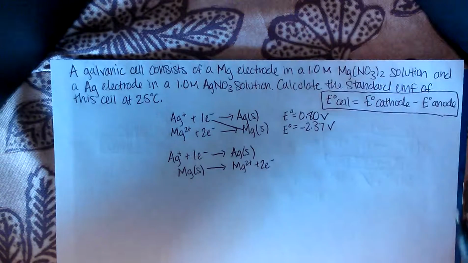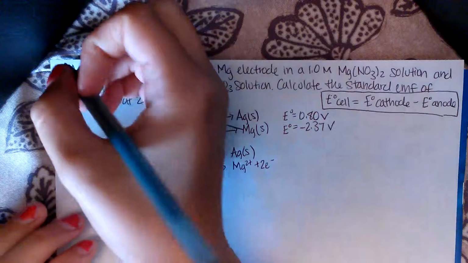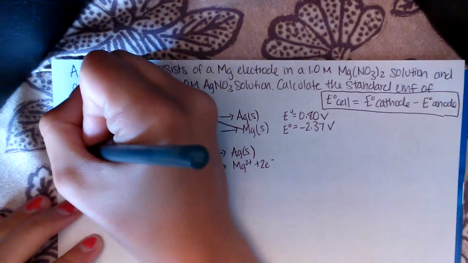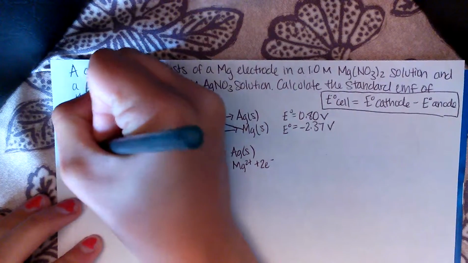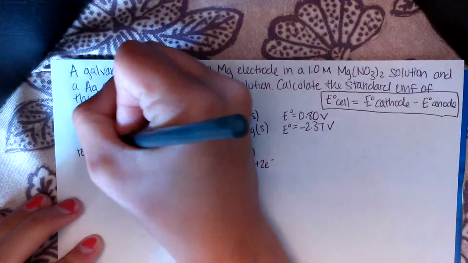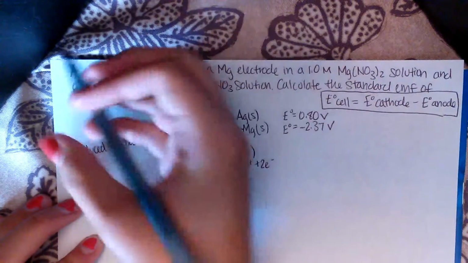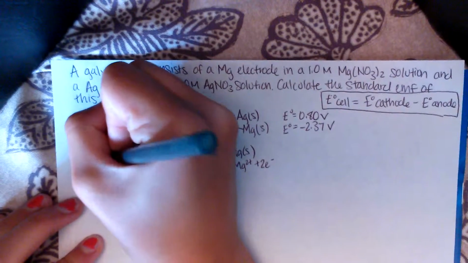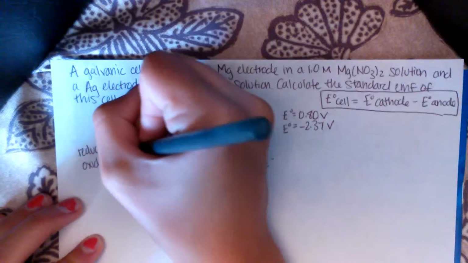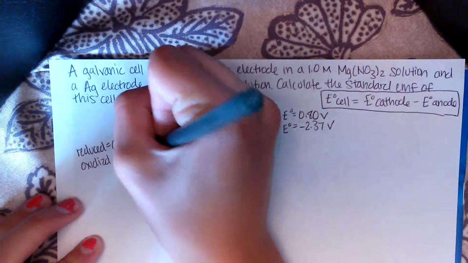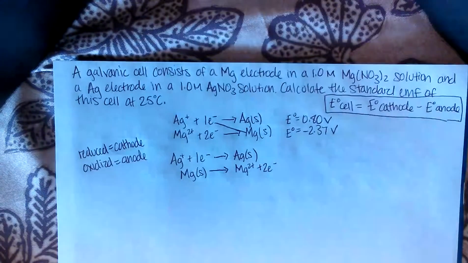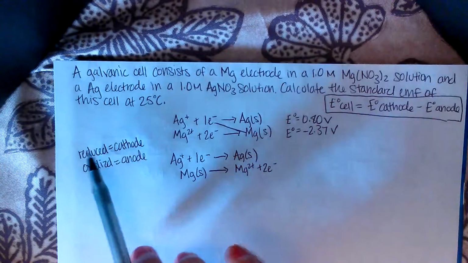So I'm going to give a little tip. Something that is being reduced is the cathode, and something that is being oxidized is an anode. So you might just want to remember that. It's helpful.